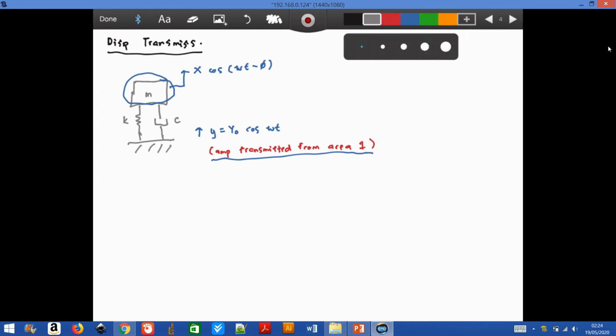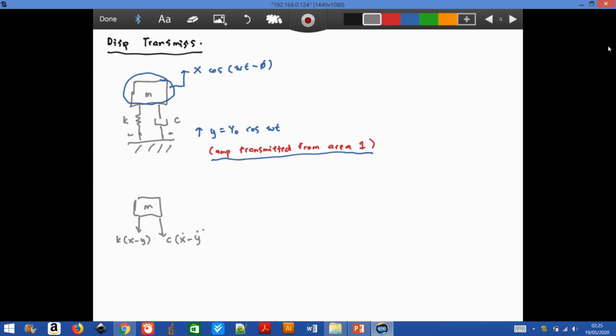So if I draw the free body diagram, this is the camera. Due to the spring and also the damper, the reactions would become k(x minus y) and c(x dot minus y dot).